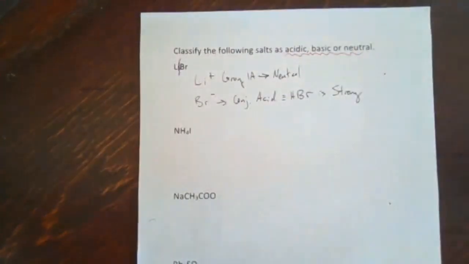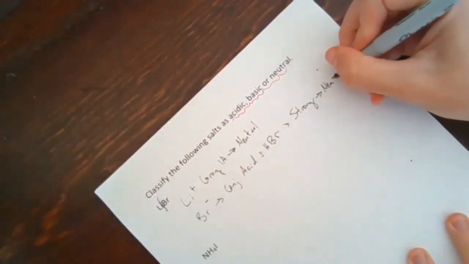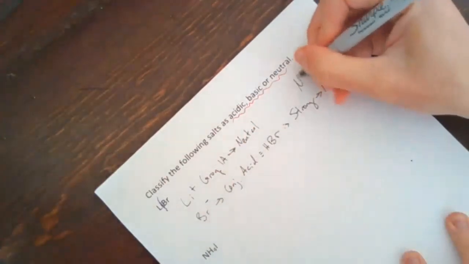We have our list of 6 strong acids. HBr is on there. Hydrobromic acid is a strong acid. Because the conjugate acid is strong, that means Br minus, bromide, is not a base, right? In order for it to be a base, the conjugate would need to be a weak acid. But because HBr is strong, that means Br minus is neutral. So the lithium is neutral, the bromide is neutral. Overall, this salt is neutral.